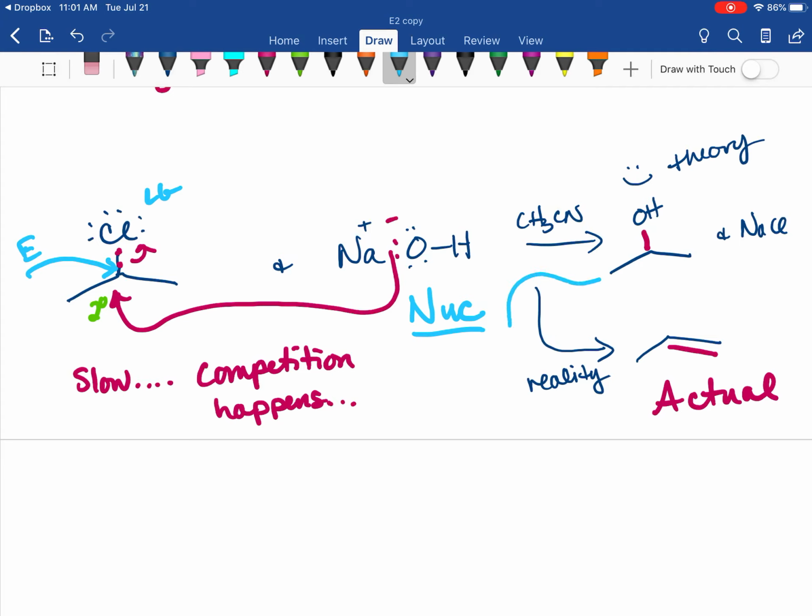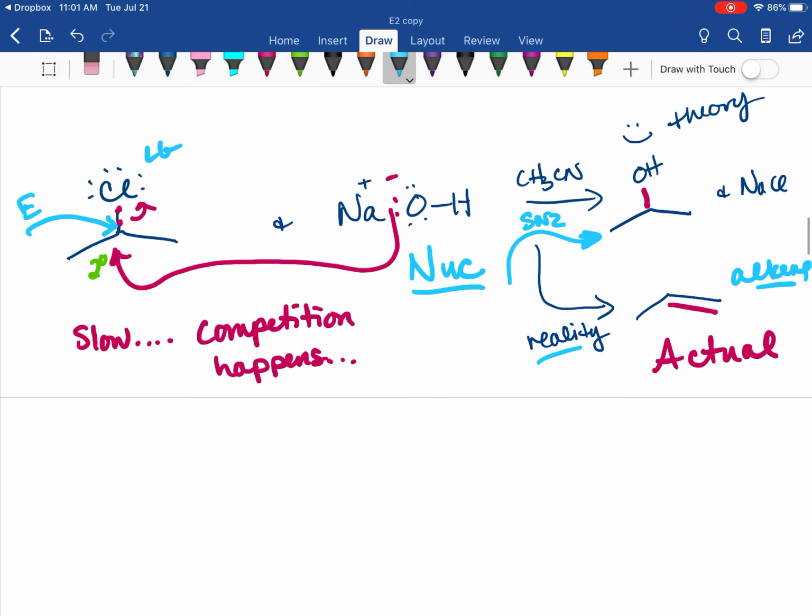So let's get deep. In this case, your sodium hydroxide, you were hoping would act as a nucleophile. That would be your product from an SN2. This reaction is a collision. In reality, you're going to make an alkene.